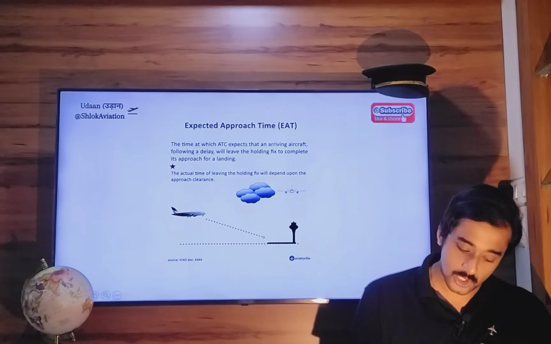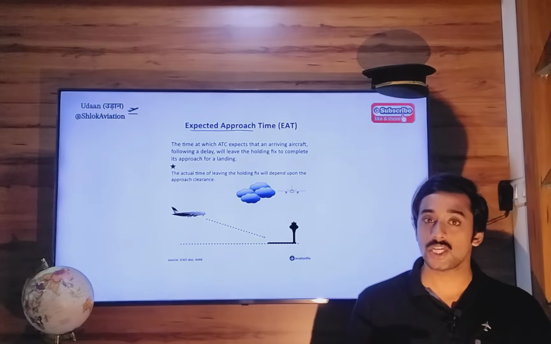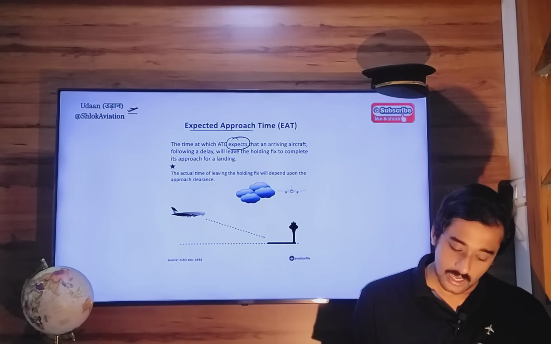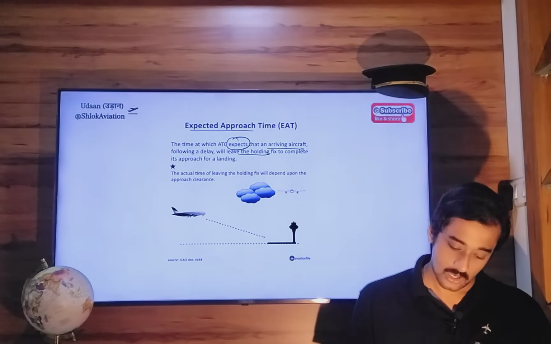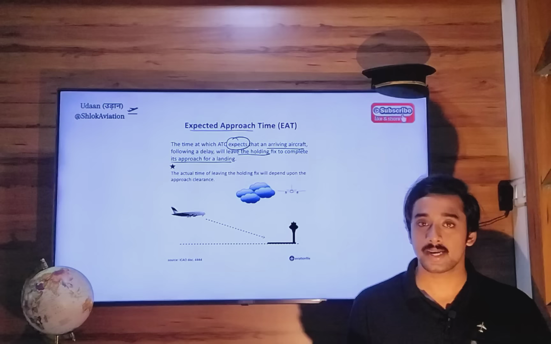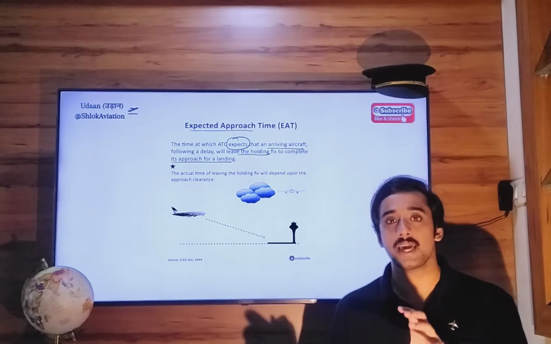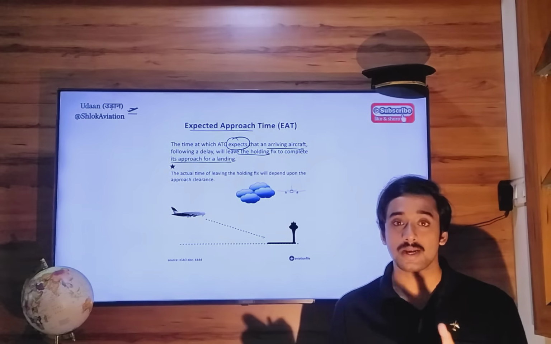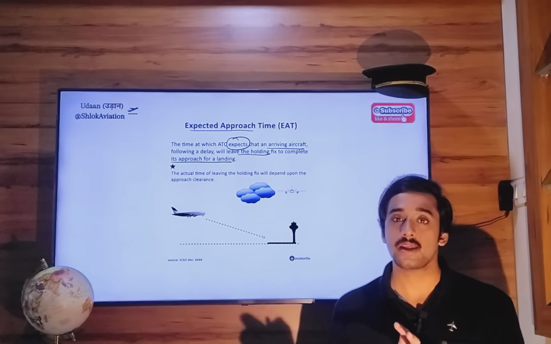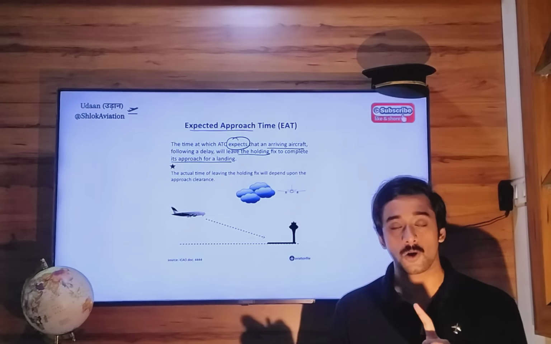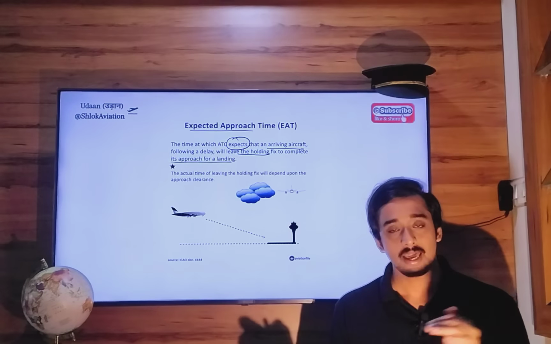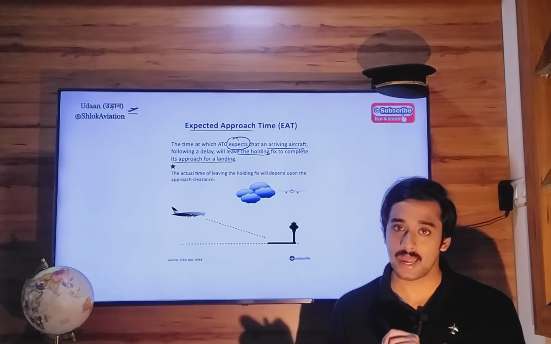The expected approach time is that time at which ATC expects an arriving aircraft to leave the holding fix to complete its approach for a landing. So expected approach time is the expected time when you will exit your holding pattern and begin your approach for the landing.